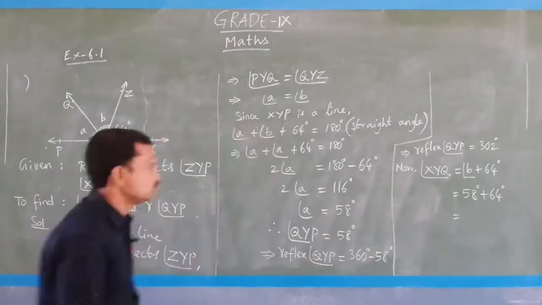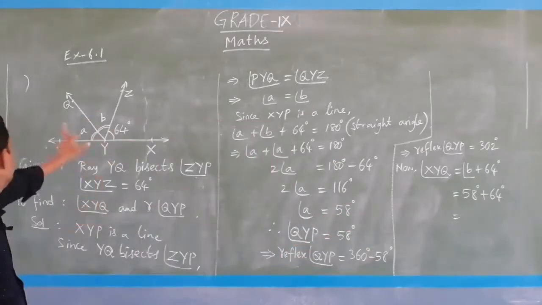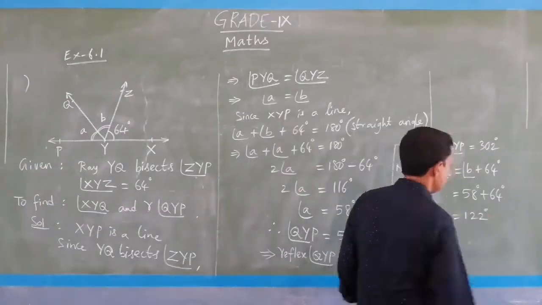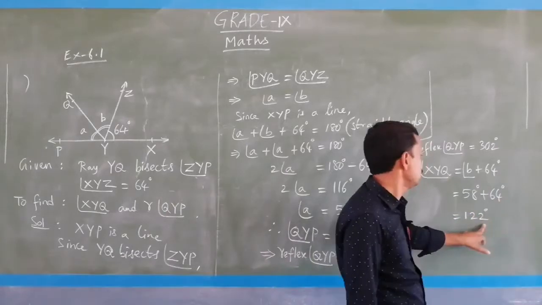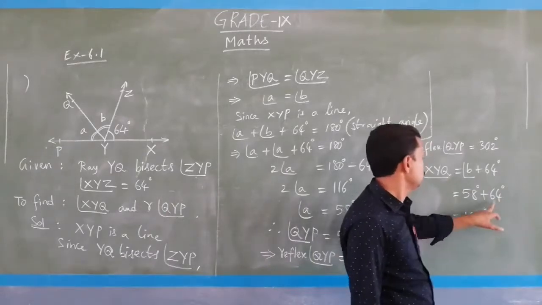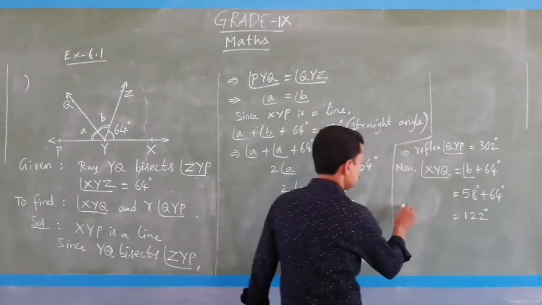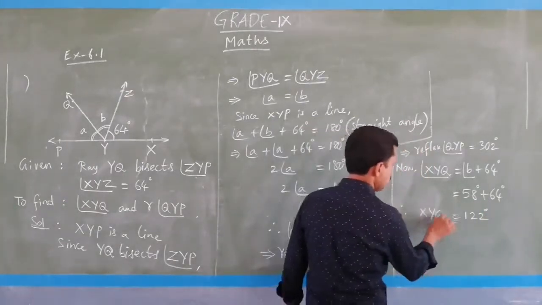So if we add these two, 58 plus 64, we get XYQ as 122 degree. If you add, 4 plus 8 is 12, 2 carry 1, 7 plus 1 is 122 degree. So, therefore, XYQ angle is equal to 122 degree.